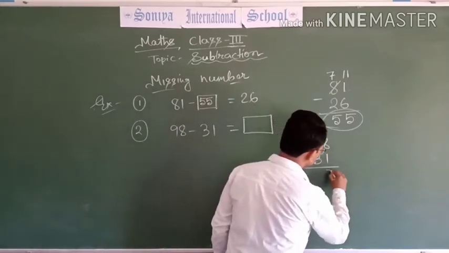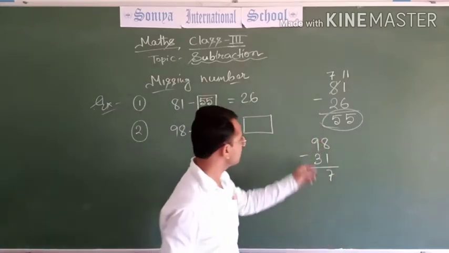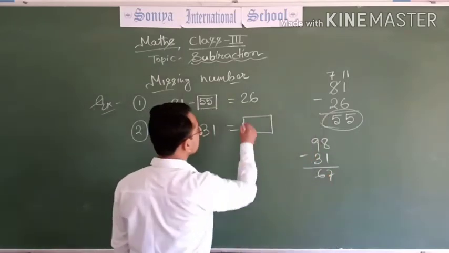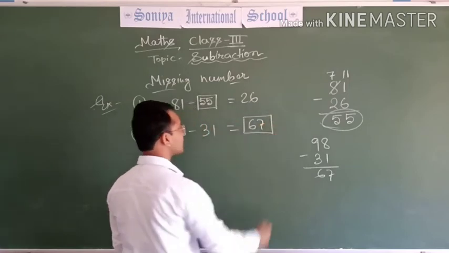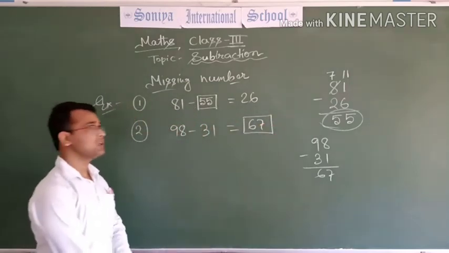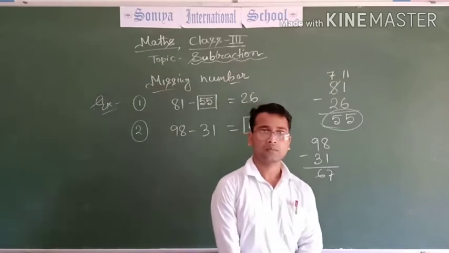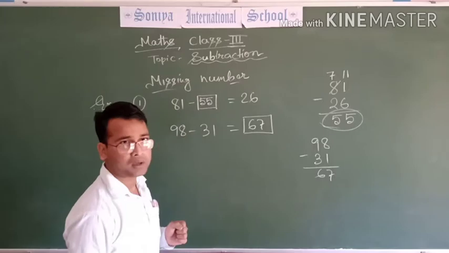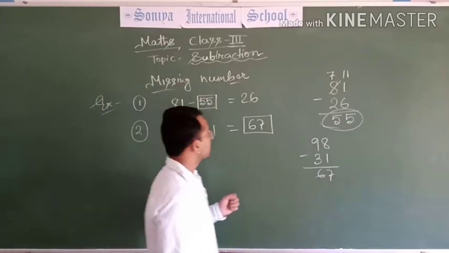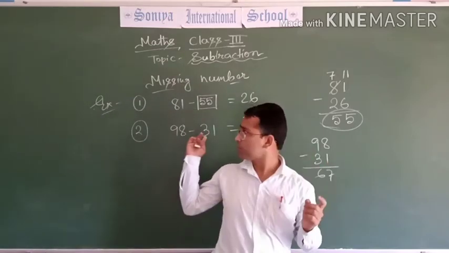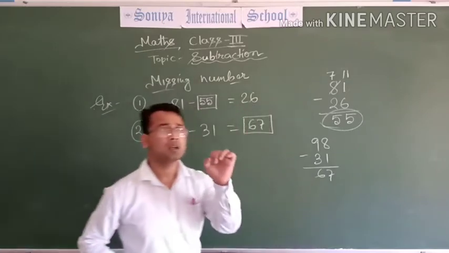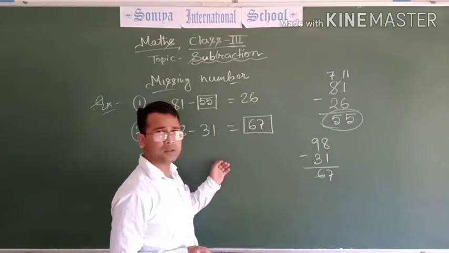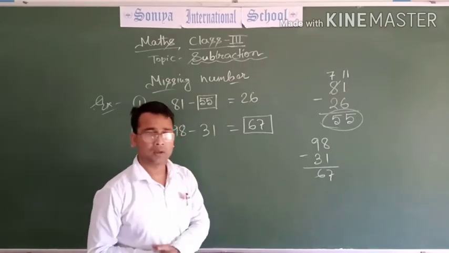So 8 minus 1 is equal to 7, and 9 minus 3 is equal to 6. So the answer is 67. I hope you understood missing numbers. Do your exercise in this way.